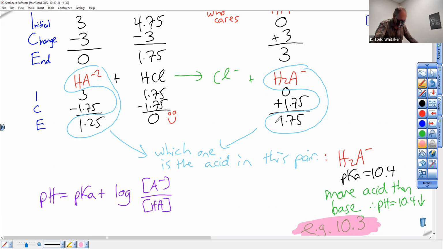What would happen if the numbers were exactly equal? 10.4 is the answer. It's called a perfect buffer. Ideal buffer is another way to say it. Equal amounts of acid and conjugate base, both partners weak.